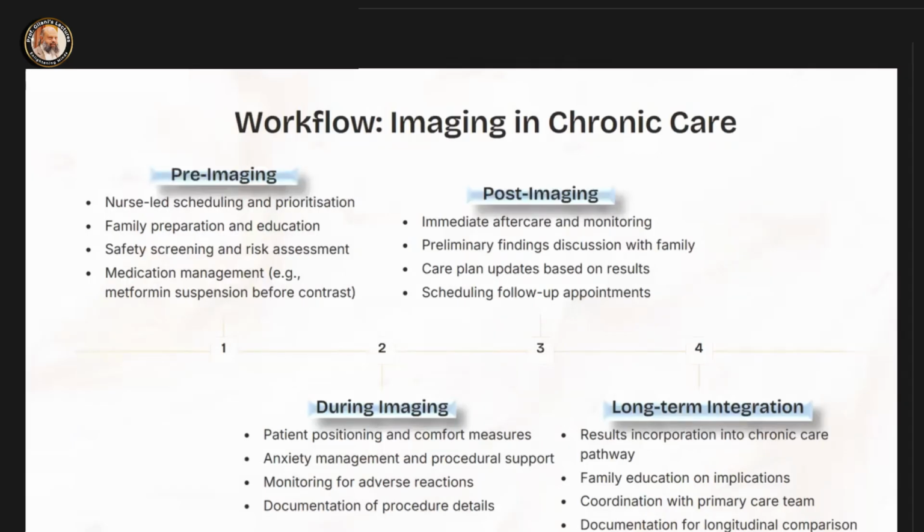Nurse-led scheduling and prioritization, family preparation and education, safety screening and risk assessment, medication management, that is, metformin suspension before contrast. This is one example: before giving contrast, they stop the medication for some diseases, especially diabetes.